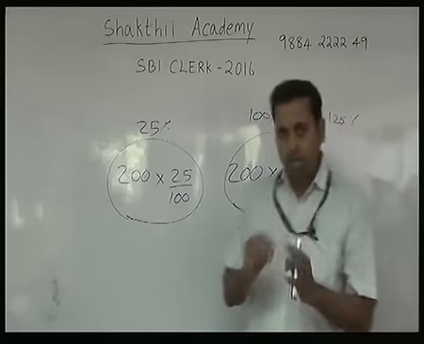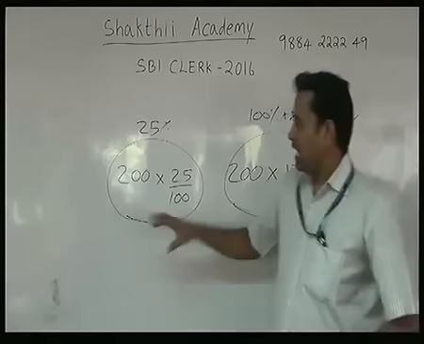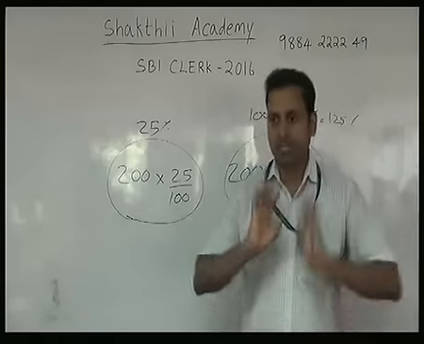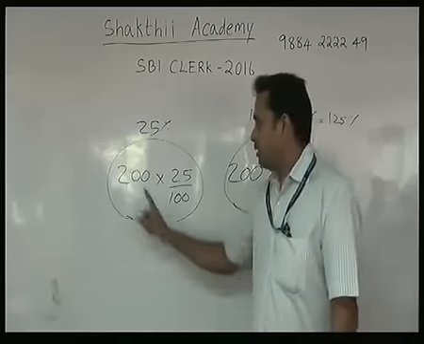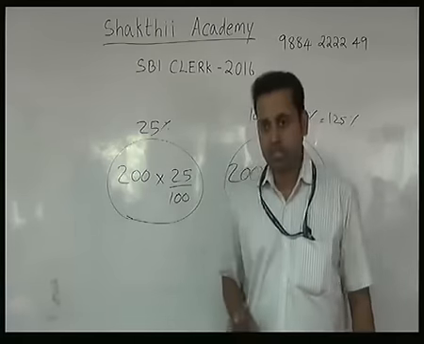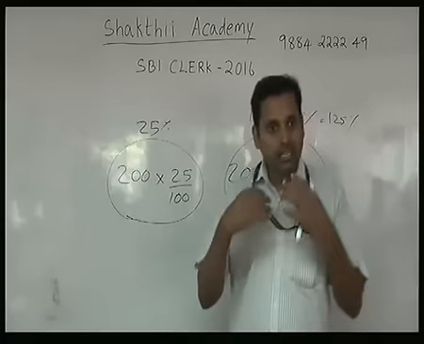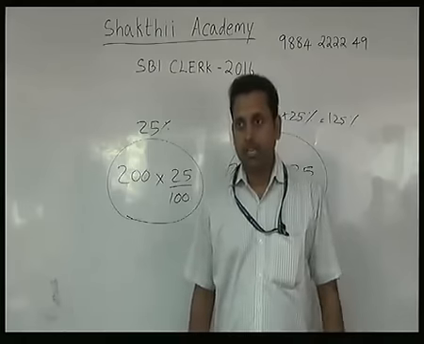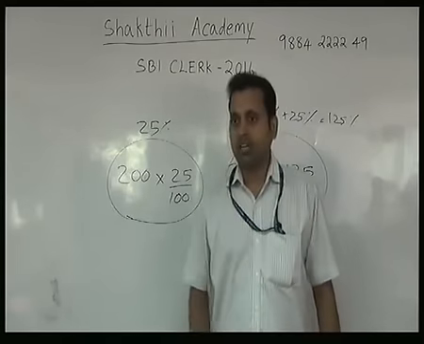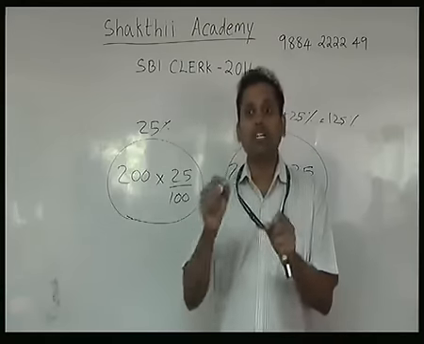Let me give you an example. I am going and purchasing a product, let's say a t-shirt. The price of the t-shirt is 200 rupees. Now the shop owner is telling me 25% is the discount. That means I need to know what the discount is, so 25% of 200 is how much?